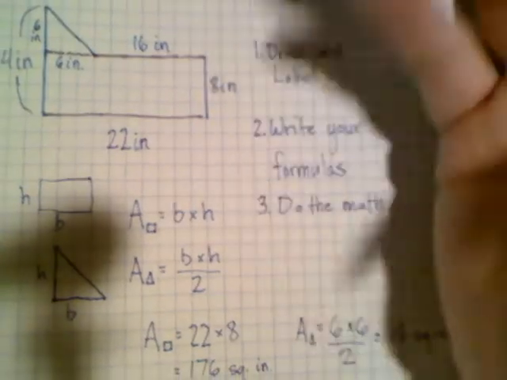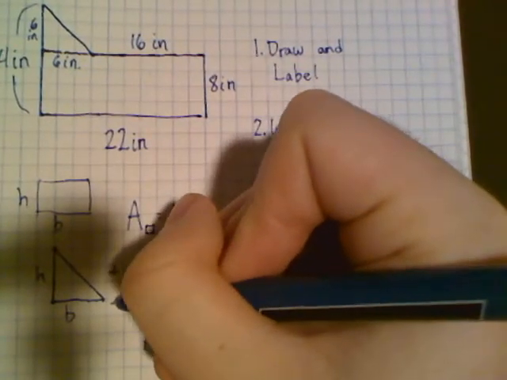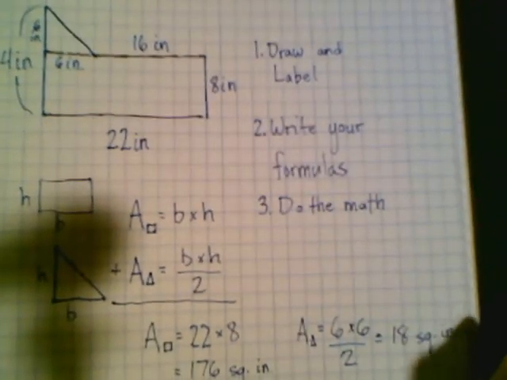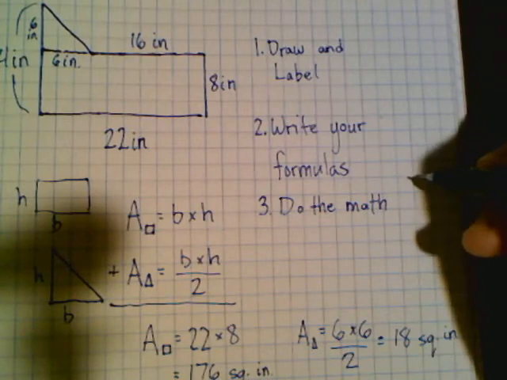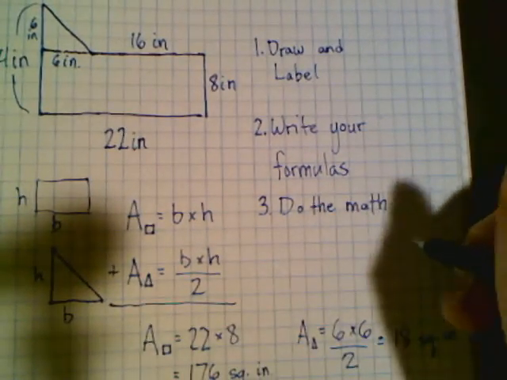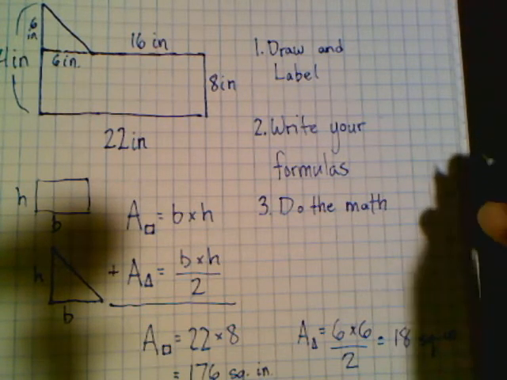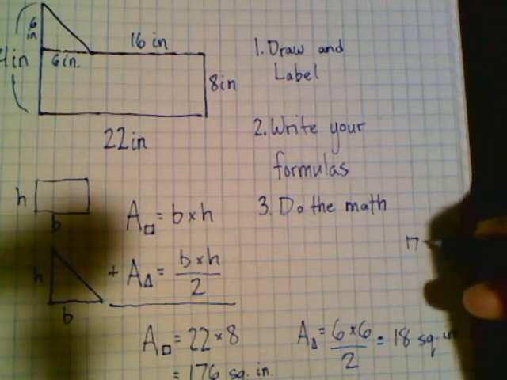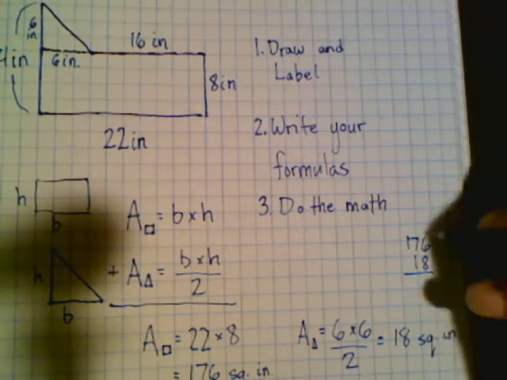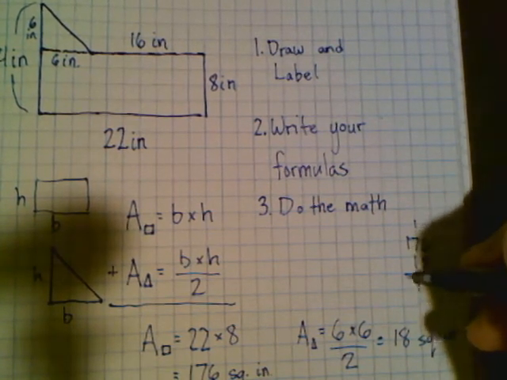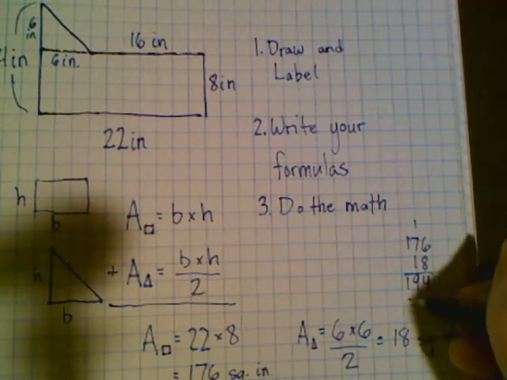And we know that the formula for the area of this total shape, or for any of my composite shapes, is once you find the area of each part, add the two parts together. So we end up getting 176 plus 18. And so my total area is going to be 194. 176 plus 18: 6 and 8 is 14, 1 and 7 and 1 is 9, 194 square inches.